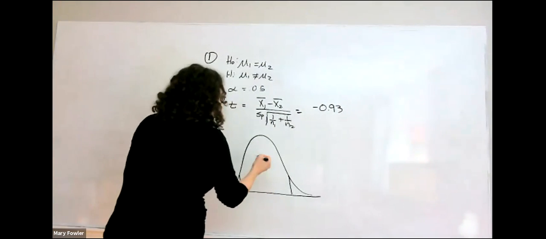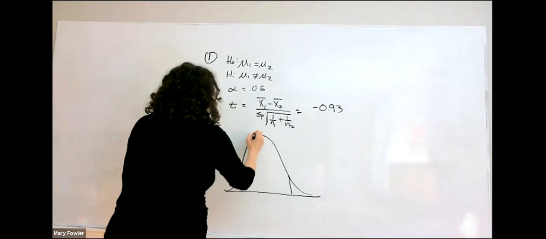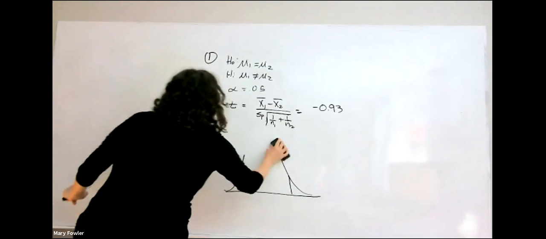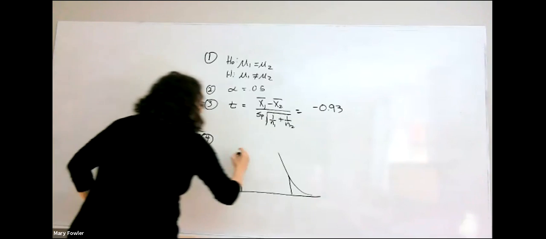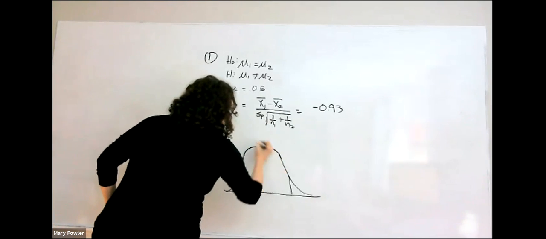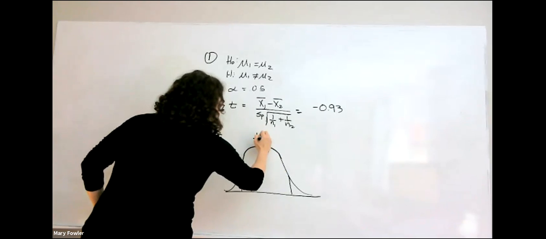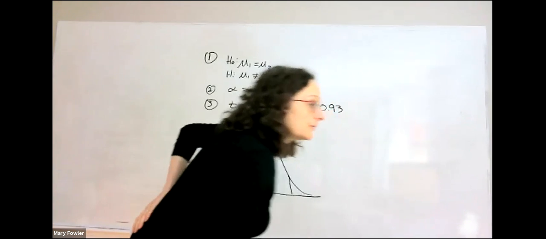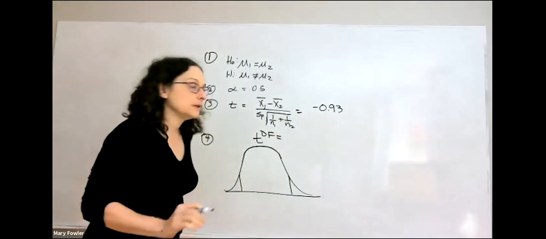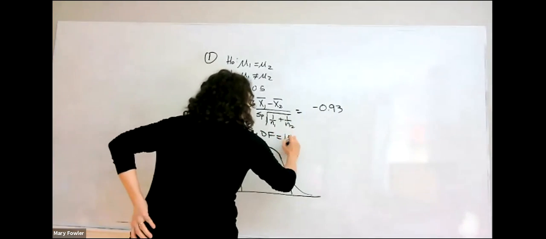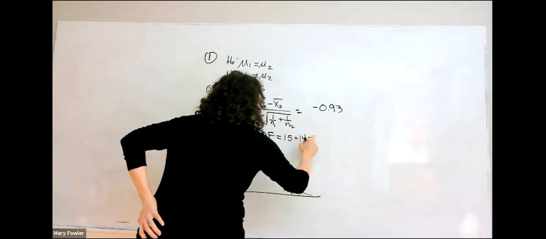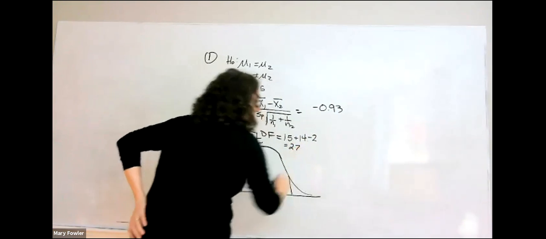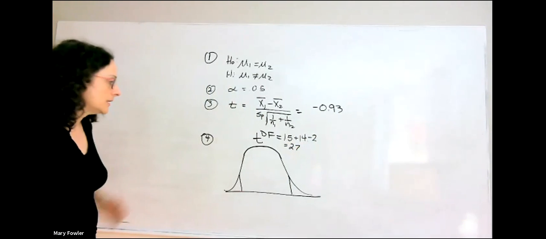Okay, so over here, this is a T. Right, so that's a T. I just want to be able to mark your degrees of freedom here. And so the degrees of freedom are 15 plus 14, N1 plus N2 minus 2. So the degrees of freedom are 27.